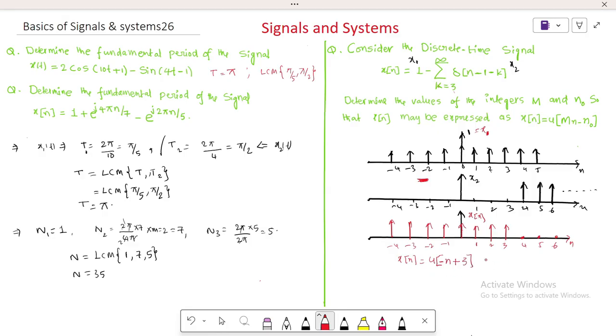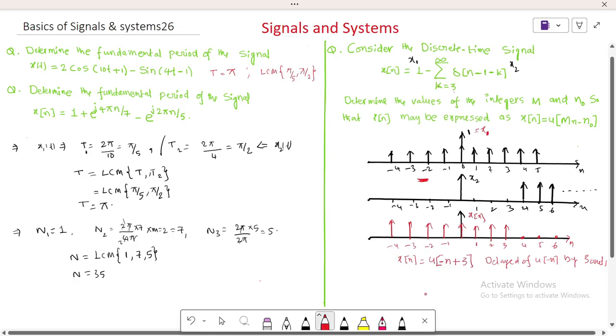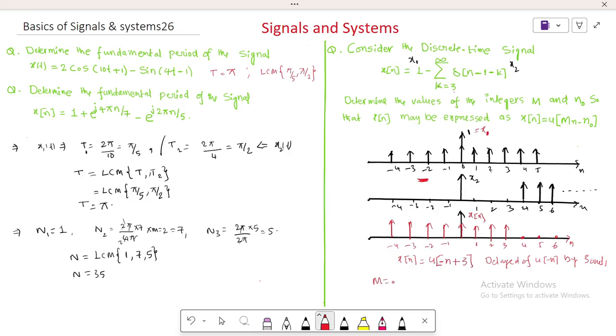So this is called u of minus n delayed by 3 units, is it? Then compare this with the question. So M equals minus 1, n naught equals minus 3.